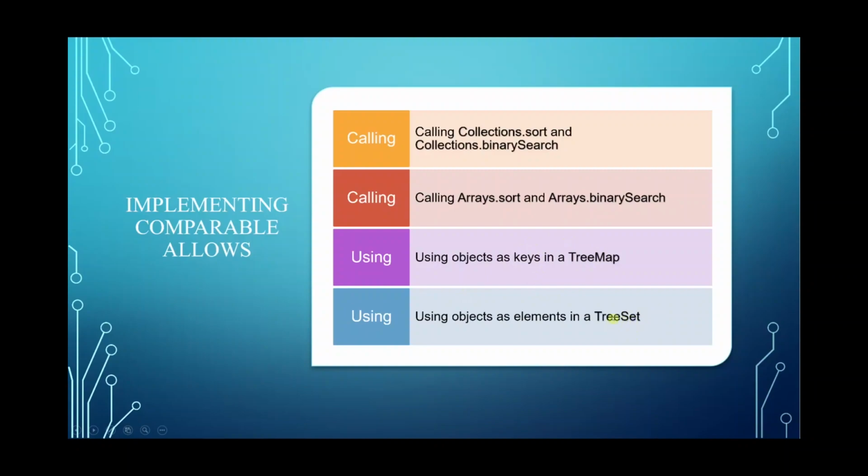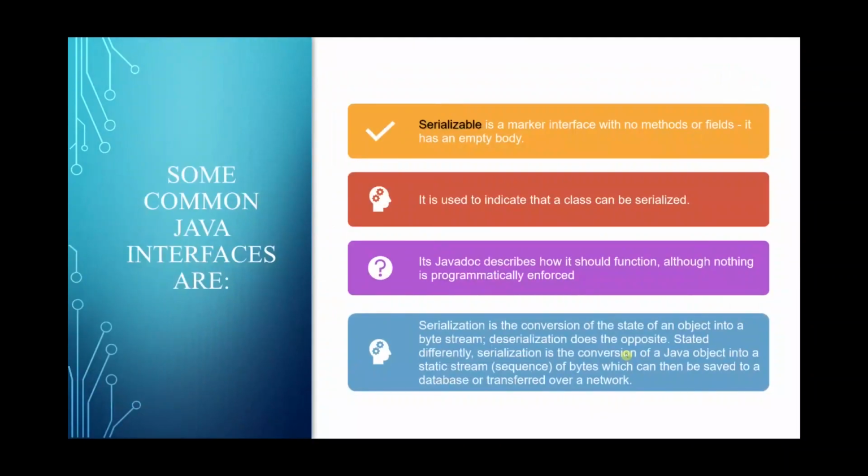In a TreeSet, we can use them as elements. Don't worry about those things, just keep this information the way it is, because you're going to understand what a key and what an element is when we get to that in the lecture on hash mapping.